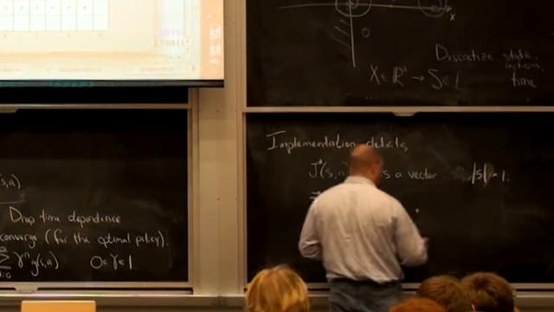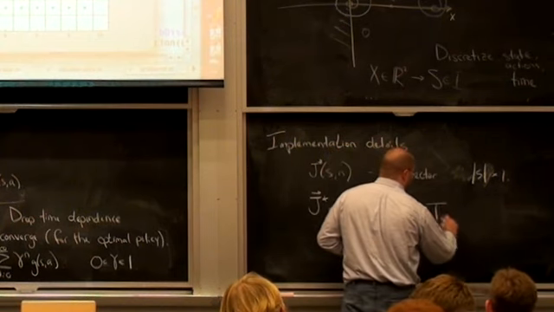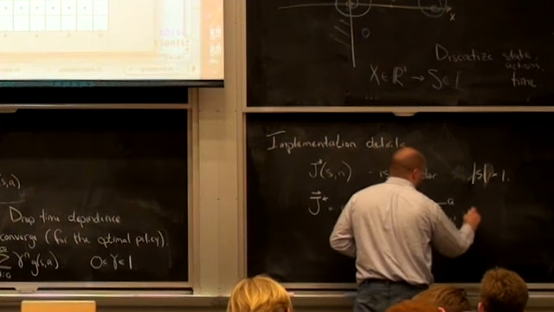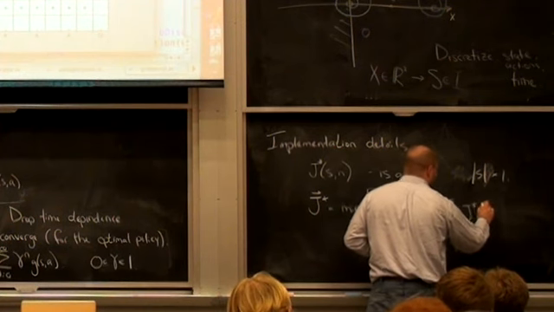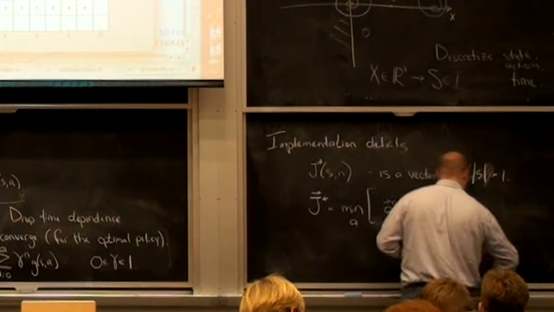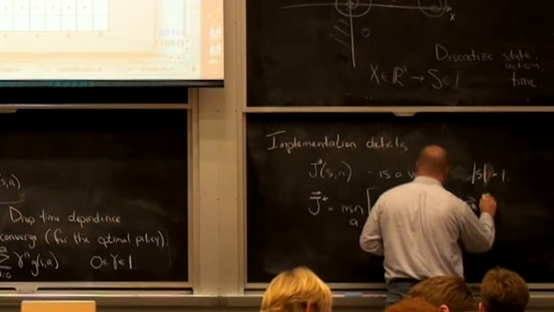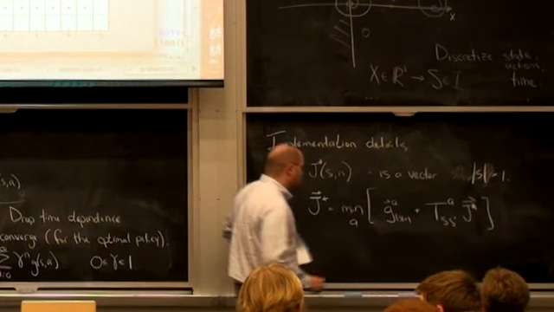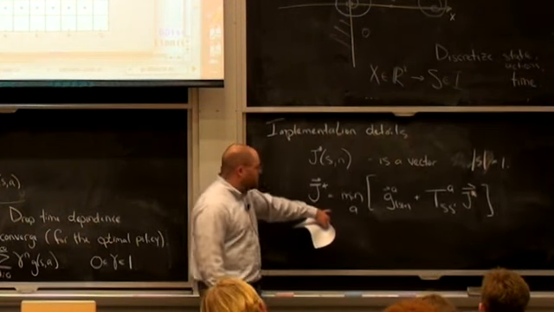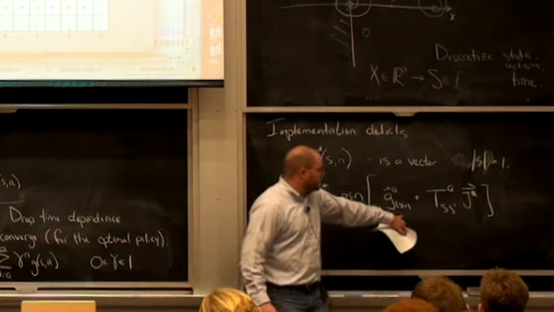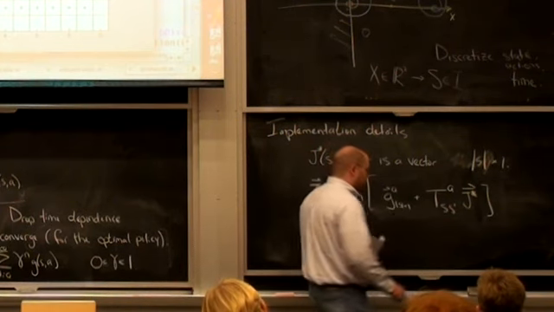Plus, I can write it as a vector equation where this is a vector, this is a matrix, this is the transition matrix.